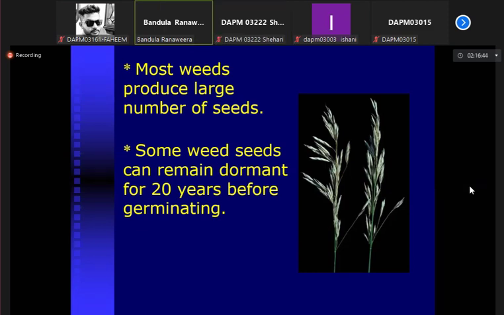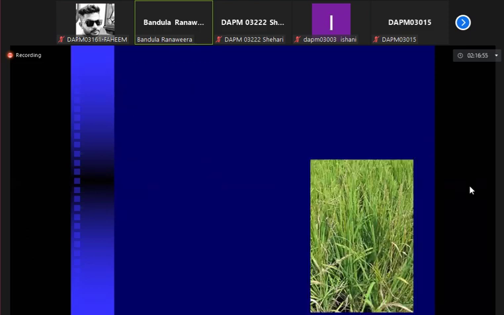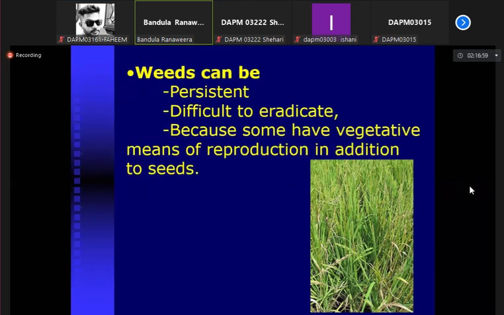Well-grown root system, very efficient dissemination system. So many characteristics for their adaptation, and we say they can be persistent. That means they establish and survive for a longer period of time. They are difficult to eradicate.